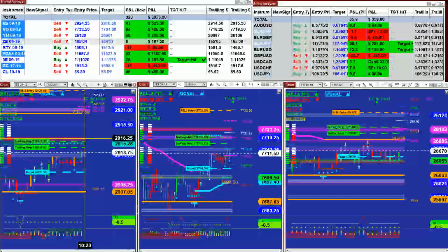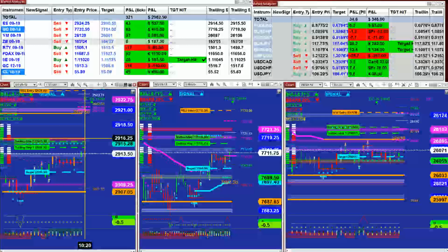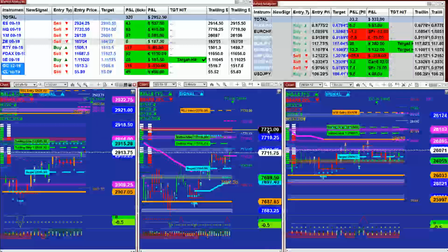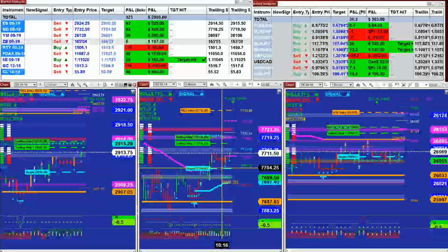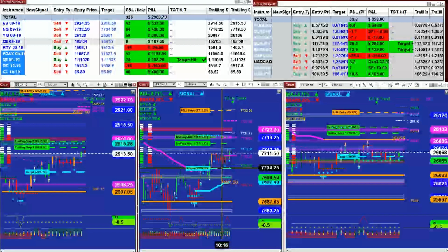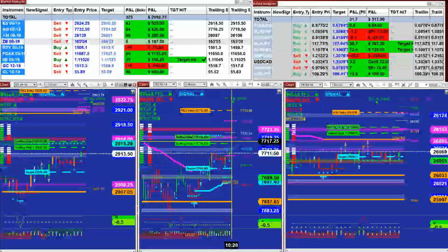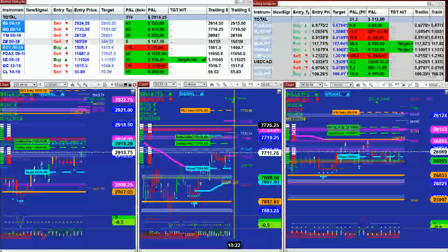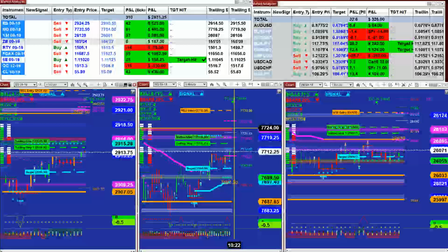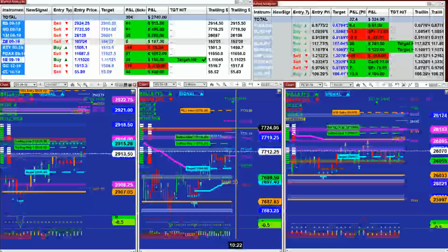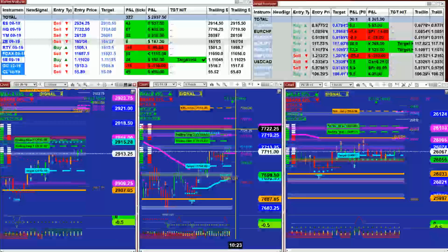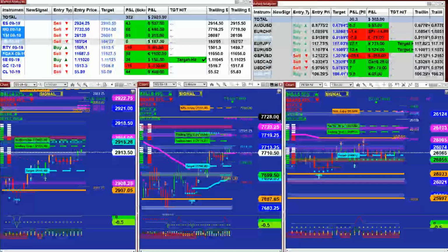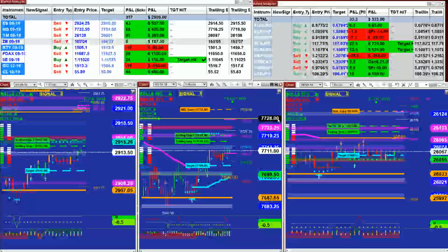On the Nasdaq, there is another problem. We have the 7723. We need to worry about the 2325. So if you want to put a limit order, it has to be 7723.50. So you will put a limit order above that, around 2350, because this market is going to struggle at 7723 before it goes long.